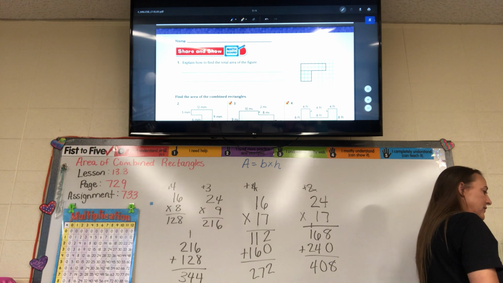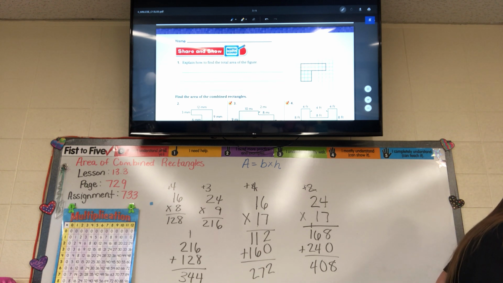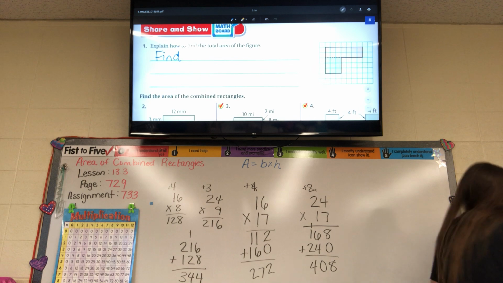Explain how to find the total area of this figure. Okay, we're going to make this quick. We're going to say, let me make this bigger.